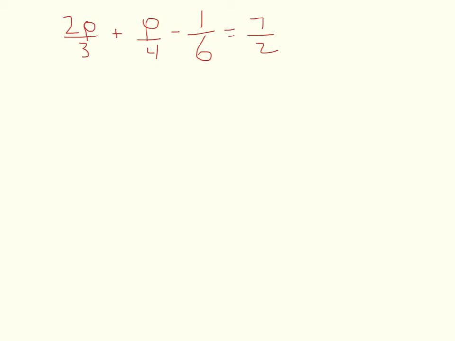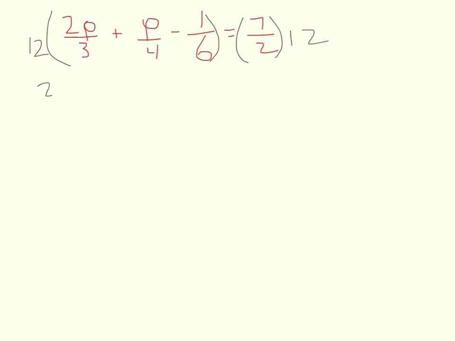If I think about the common denominator for all of these, it would be 12, since 3 times 4 is 12, and 6 times 2 is 12. Instead of getting a common denominator, I'm going to clear the denominator. So I'm going to multiply this whole thing by 12, and this by 12.